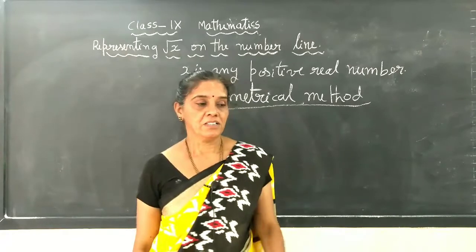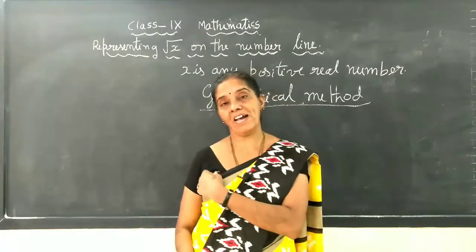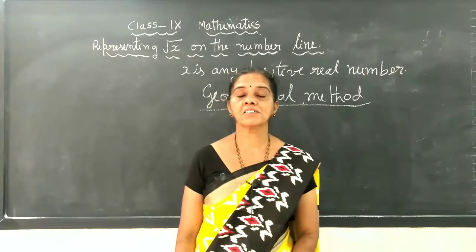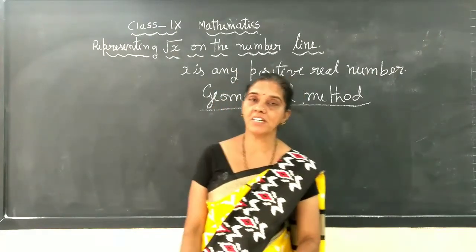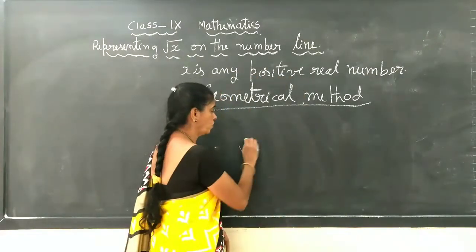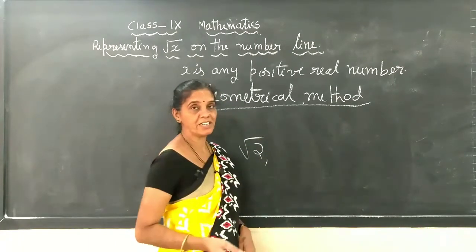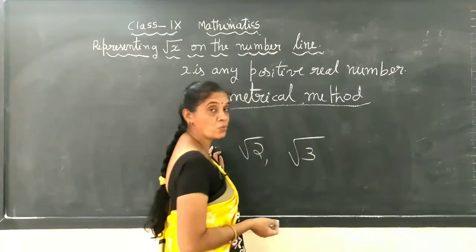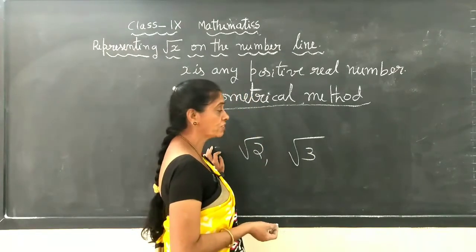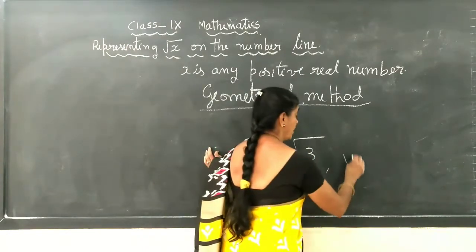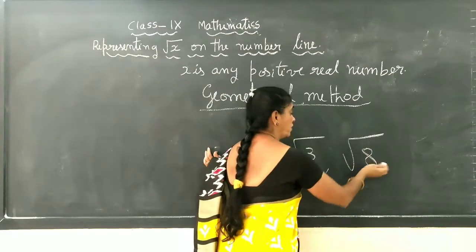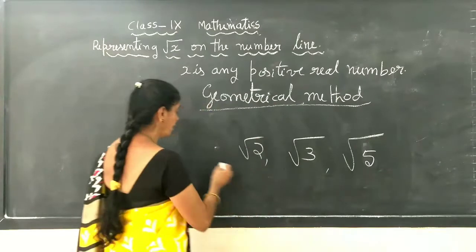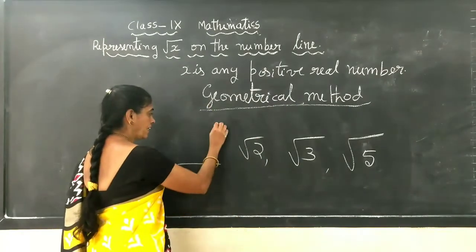In a few exercises back, in the real number lesson, the number system lesson, we represented square root 2 on the number line. You know the method, right? And we did square root 3, represented square root 3. We located square root 3 on the number line, and lastly we represented square root 5 on the number line. Do you remember, like drawing the right angle triangle?